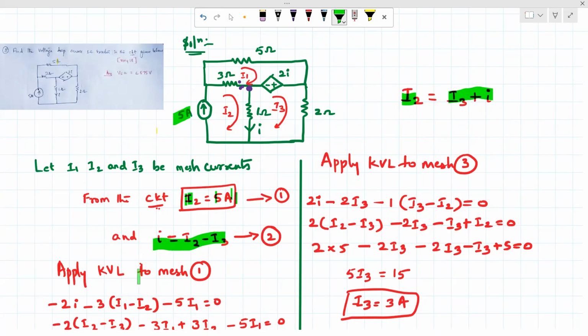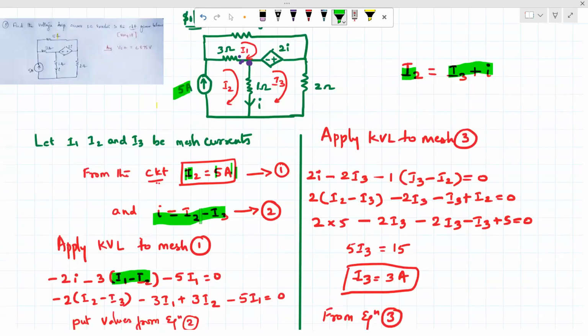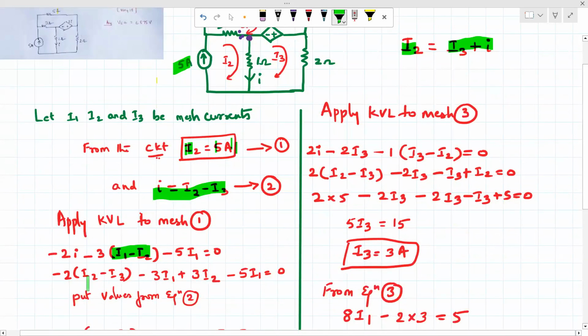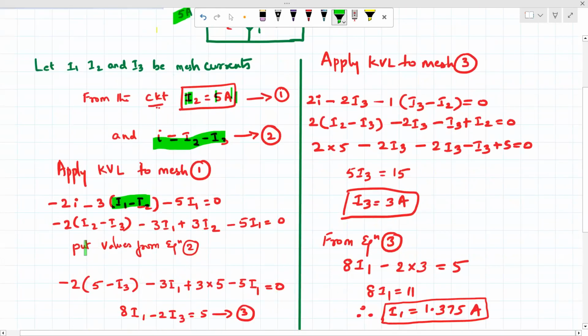So applying KVL to mesh 1, we start with this. Minus 2I, minus 3 into I1 minus I2, since I2 is coming in the opposite direction, minus 5I1. Again, rearrange this.